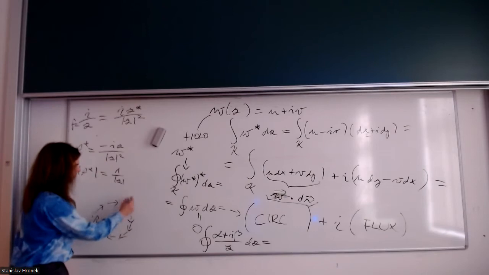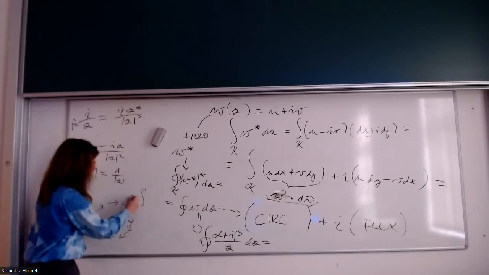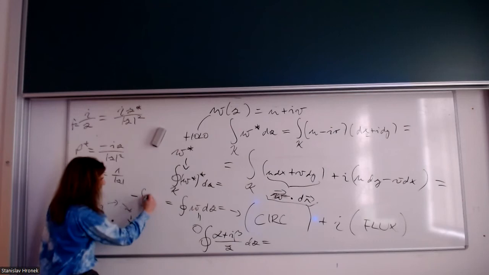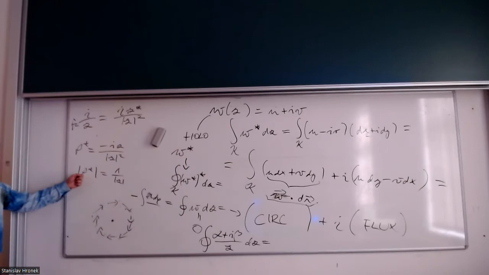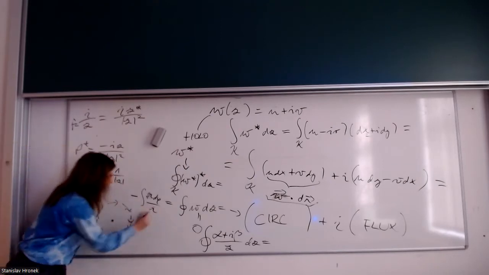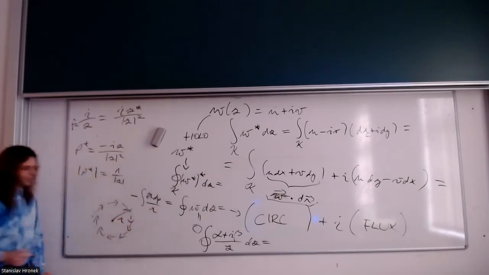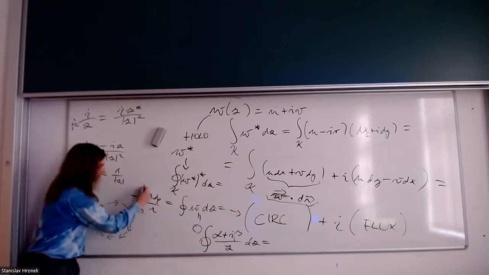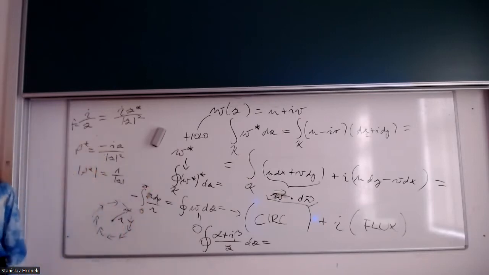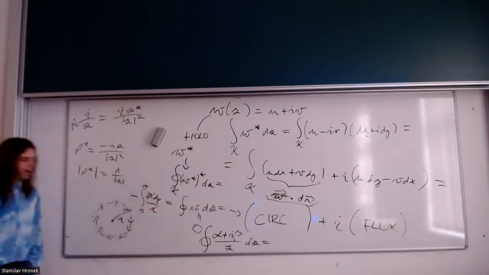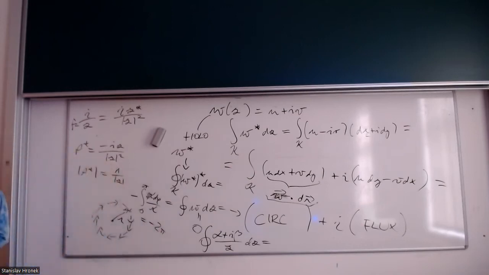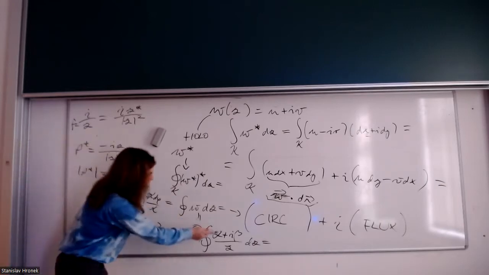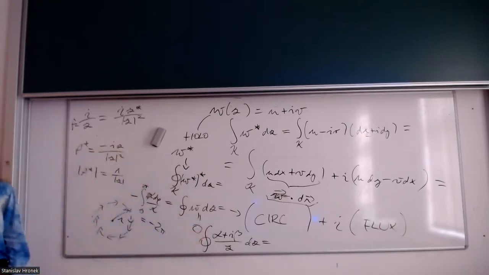So what we get is just an integral of minus r d phi, and the magnitude of the velocity is 1 over r, if r is the radius of the circle, and we integrate from 0 to 2 pi. Of course, the r cancels, and it's not very hard to evaluate this integral. We get minus 2 pi. So this kind of simple vortex has a circulation of minus 2 pi.